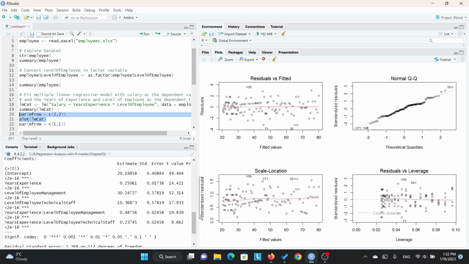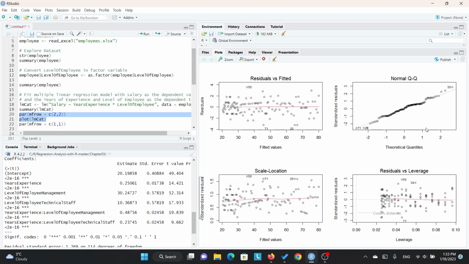For the first plot, residuals versus fitted, the residuals are very scattered around the zero line, the horizontal red line there. That means the residuals don't follow any pattern, so our model is a good fit to our data set.